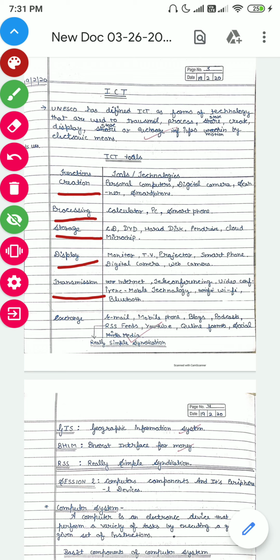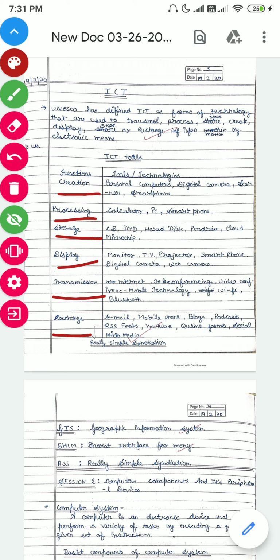All these technologies are part of ICT. For exchanging information, we are using emails, social media, WhatsApp, Facebook, online forms, YouTube, RSS feeds, blogs.